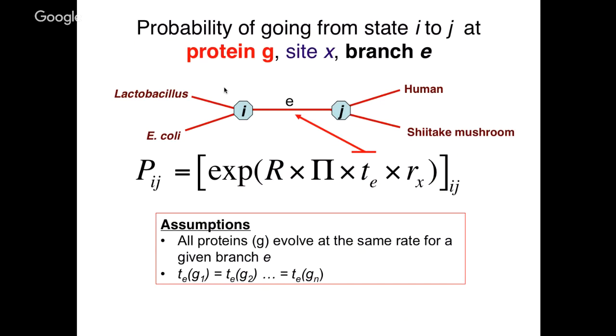Here's another assumption. If we're looking at concatenated gene phylogenies, and we look at different proteins over your concatenate, then for a given branch, they should all have the same branch length, the same degree of divergence for that particular branch. Well, this is also not true.